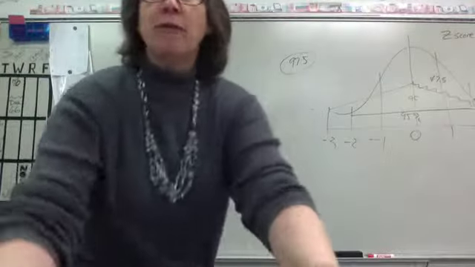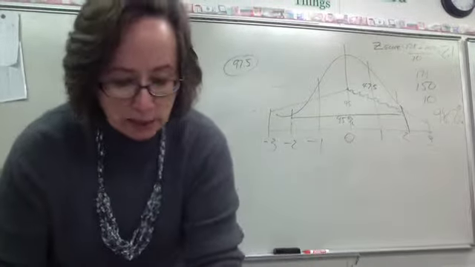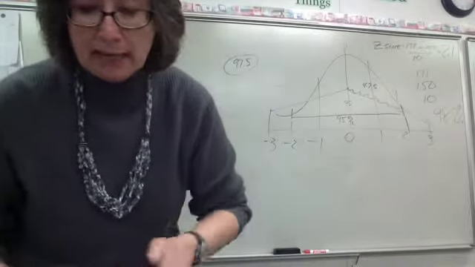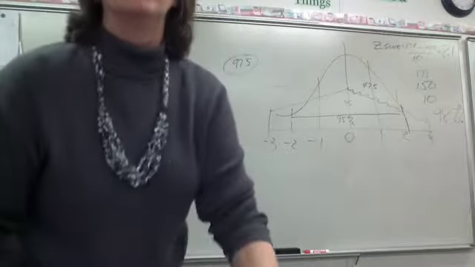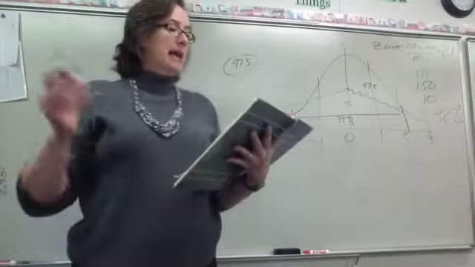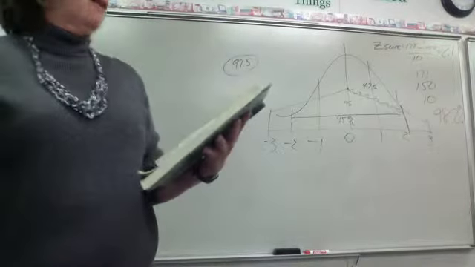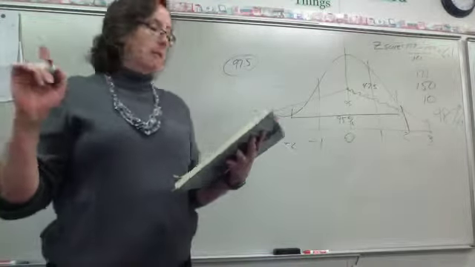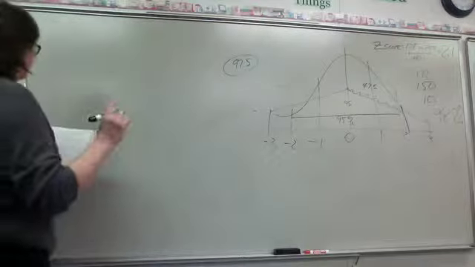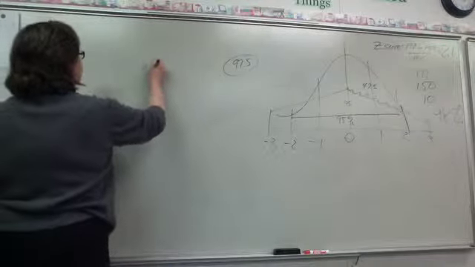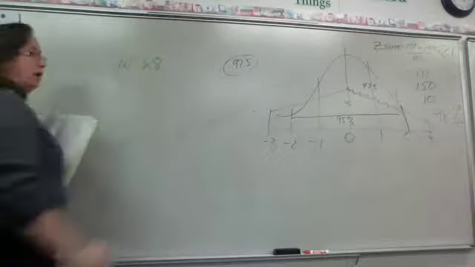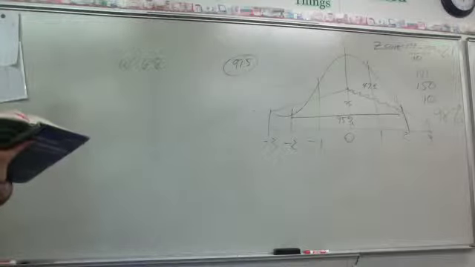All right, so everybody, let's look at a problem. Let's look at number 70.1. Okay, it says, the mean weight of the babies born in a metropolitan hospital for 7 years was 6.8 pounds. So that is our average, our mu, okay?